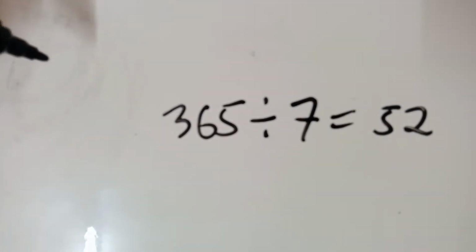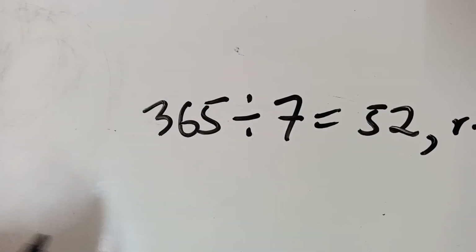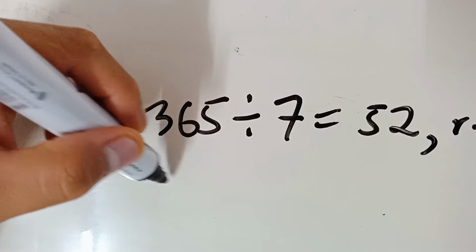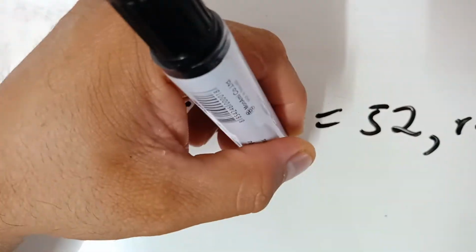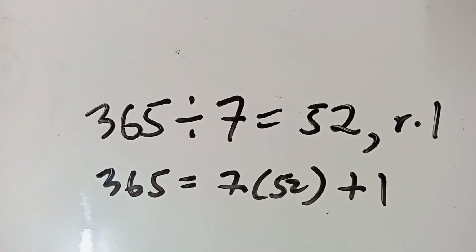It means 52 weeks, but there's a remainder of 1 day, because 365 is 7 times 52 plus 1. So one normal year is 52 weeks and 1 day to be exact. That remainder of 1 day will make the same date fall 1 day forward the next year.